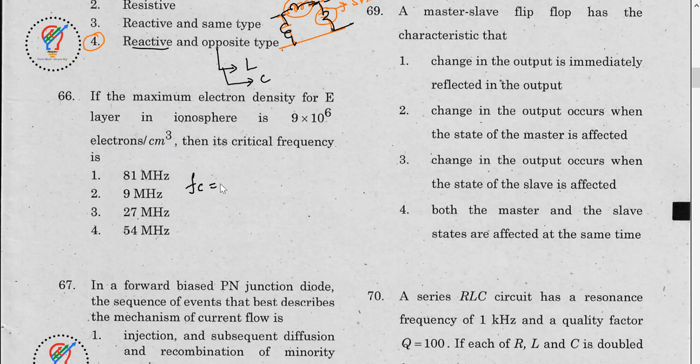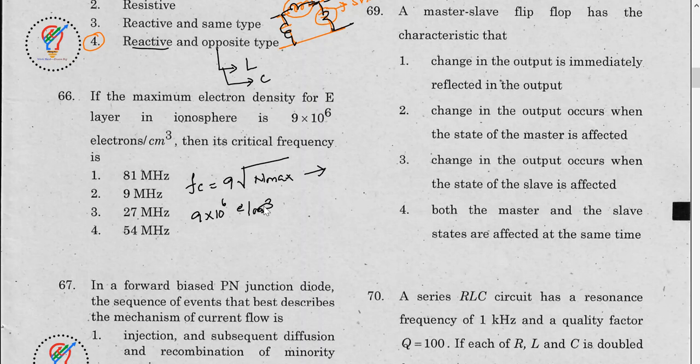The critical frequency formula is Fc equal to 9 into the square root of the maximum electron density, Nmax, which has units of per meter cube. Now we will convert this electron density, 9 into 10 power 6, to electrons per meter cube.